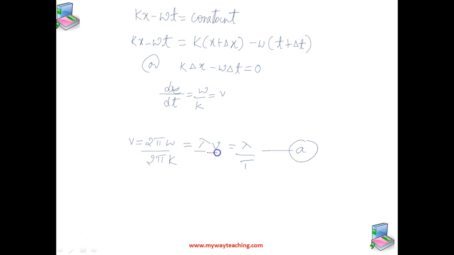Here lambda and v, how they are related, that also we are seeing. For a given medium, it can support both transverse as well as longitudinal waves, which will have different speeds in the same medium. Okay, this is the speed of a traveling wave, isn't it?